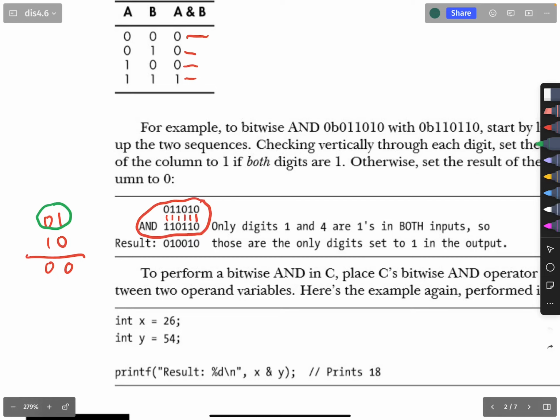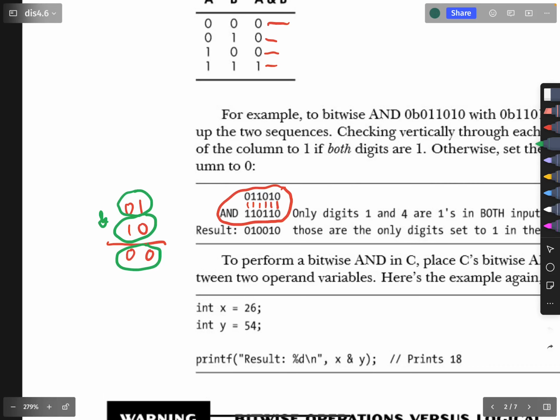So since this is not all zeros, it is regarded as a true value. And this, likewise, is also regarded as true, but when we AND them bitwise, we get false. So when you do the logical AND, this is not what you get.